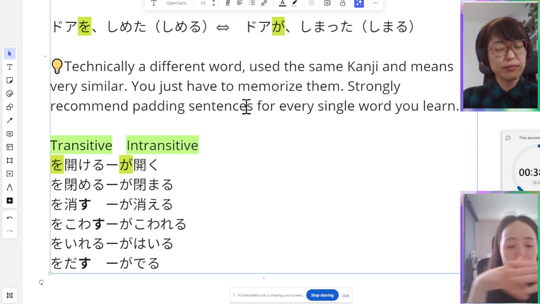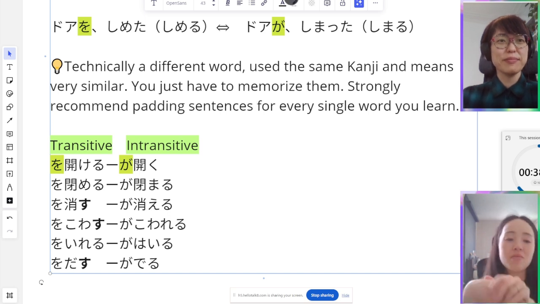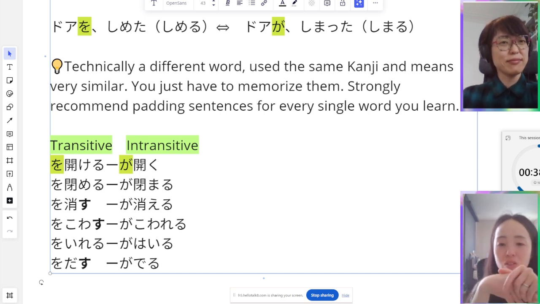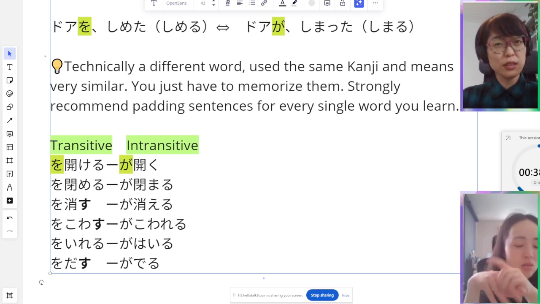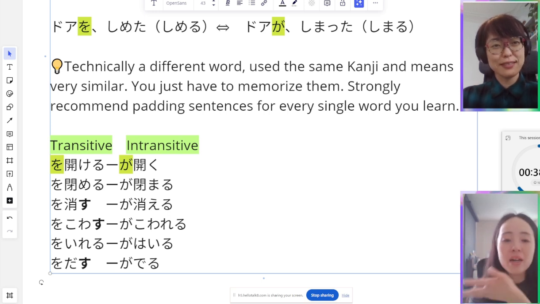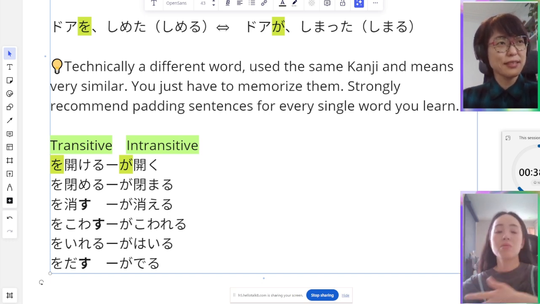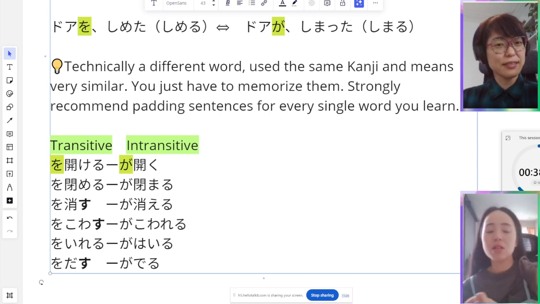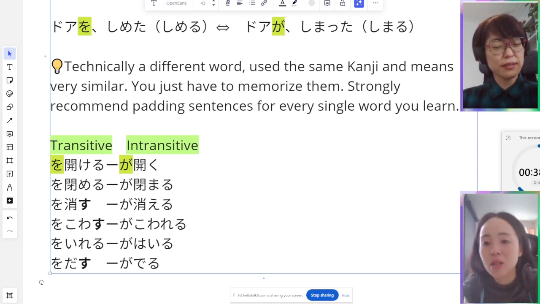Maybe I think, yeah, transitive and intransitive is one of the most difficult points in the Japanese language. The more you have learned, the more you encounter a lot of phrases, a lot of vocabulary, intransitive, transitive, unlimited.